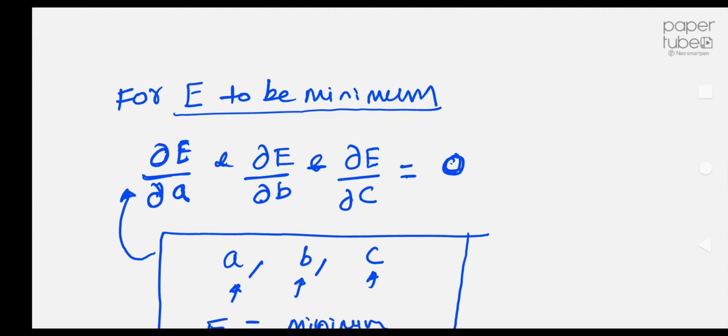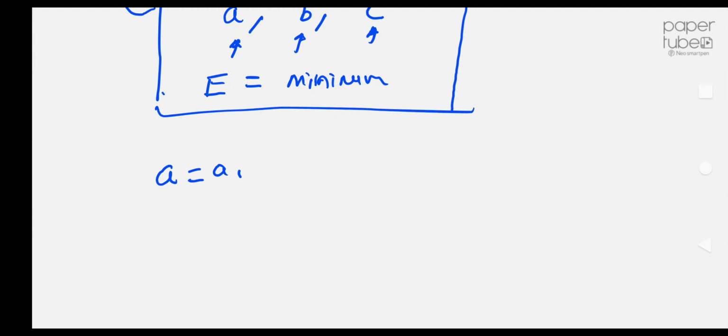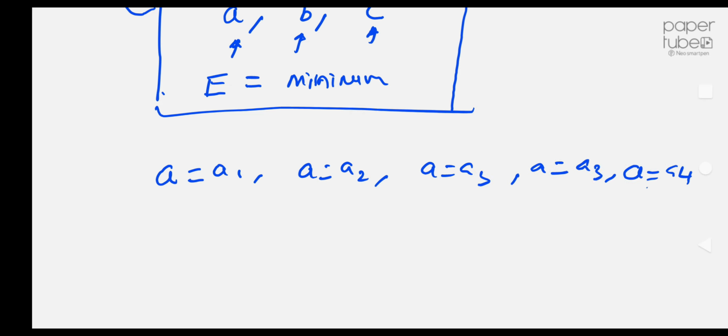If your a value is correct, then the change in error should be equal to 0. Say a is equal to a1, a2, a3. You keep on changing the values, but at some point you will notice that the error function will be almost equal to 0.